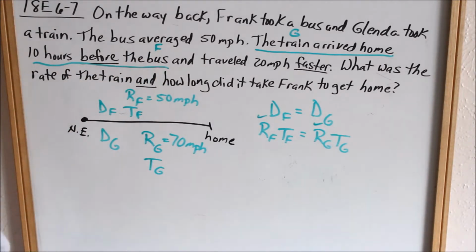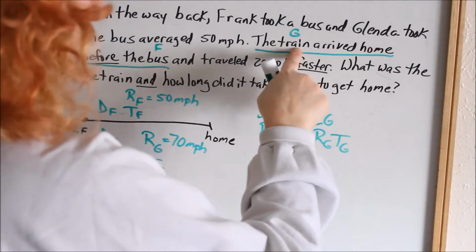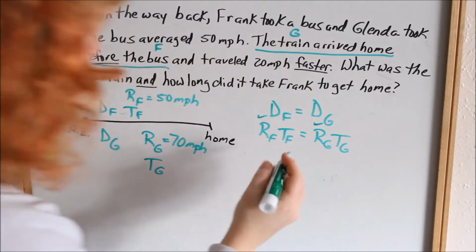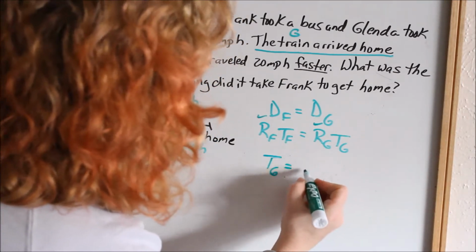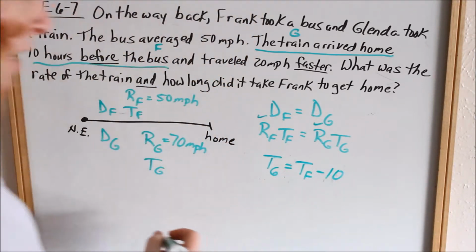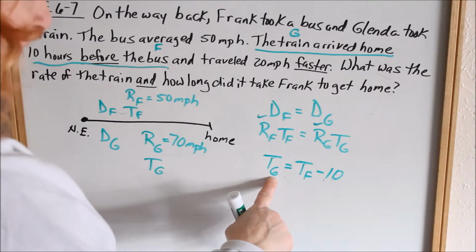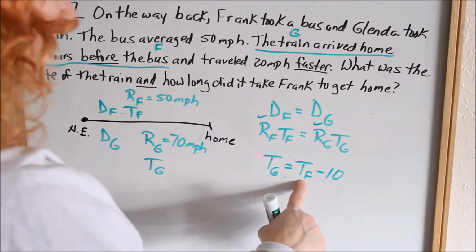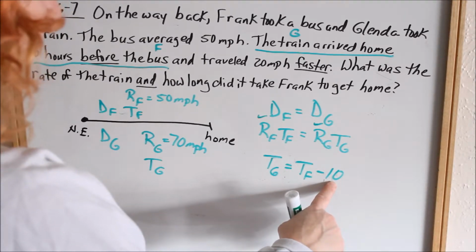So Glenda's traveling time was less than Frank's. That makes sense because usually a train will travel faster than a bus. So we can say that Glenda's time is Frank's time minus the 10 hours. Okay, this shows that Glenda did take less time, if she took Frank's time minus 10 hours, because she got there before him.